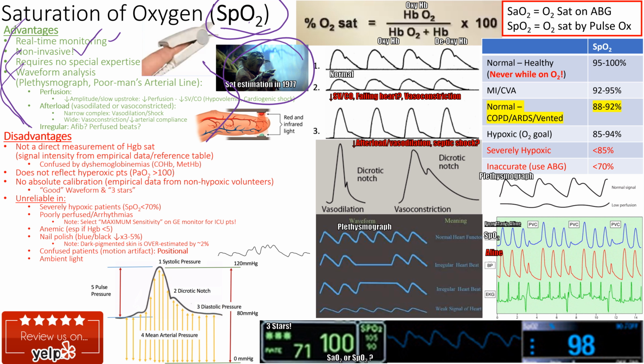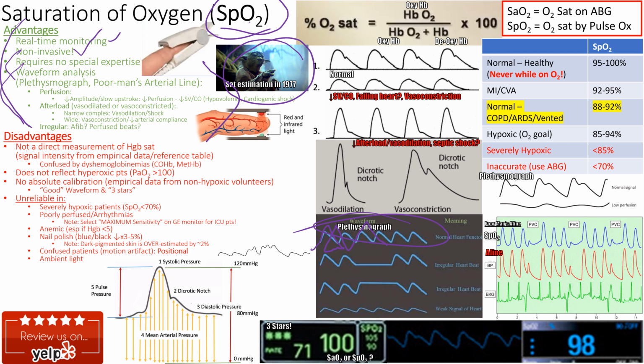When you get a plethysmograph, which is the pulse ox waveform right here, that can tell you information about perfusion, right? And it's similar to an arterial line waveform. It's literally the pumping of blood, up and down, the squeeze and unsqueeze, or the systole and diastole of the heart.